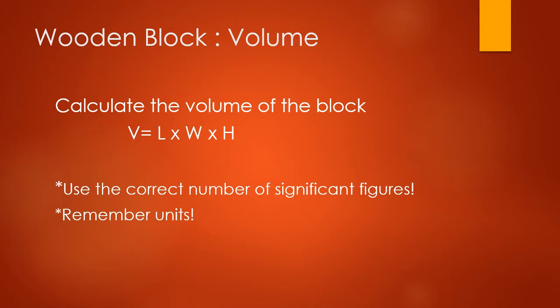Don't forget to write your units when calculating the volume. Also, make sure you're using the correct number of significant figures. Since we're doing multiplication, you want to count how many significant figures are in each of those measurements and pick the smallest one.